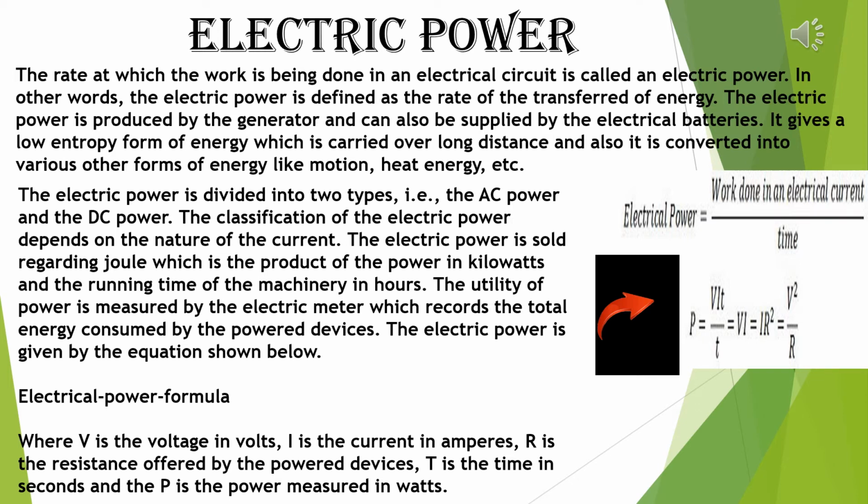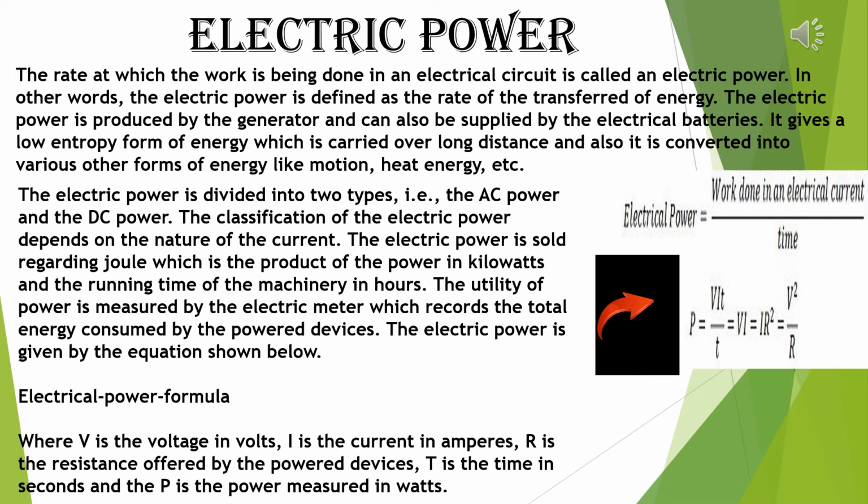The usage of power is measured by the electric meter, which records the total energy consumed by the power devices. I hope you know the situation when people from the electricity office come and check the meter.